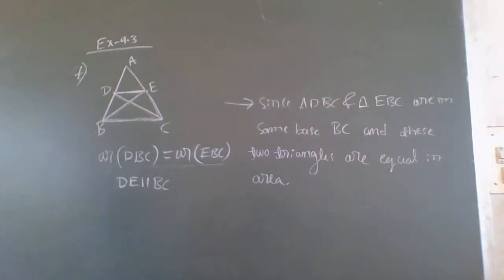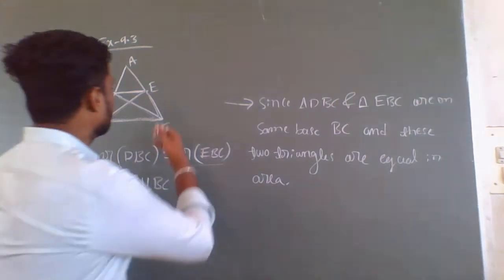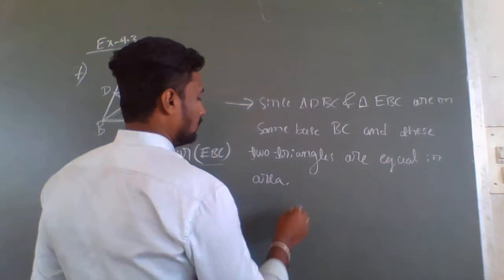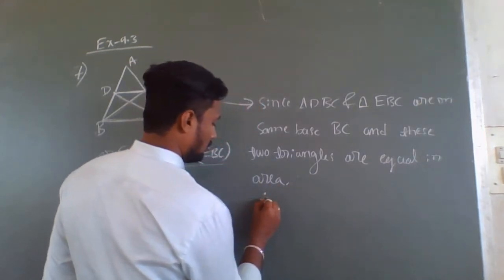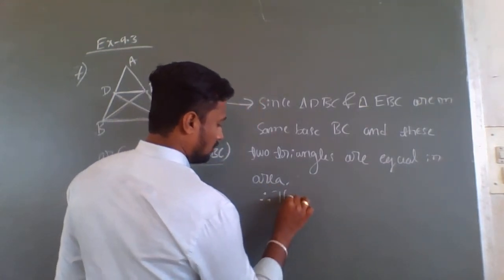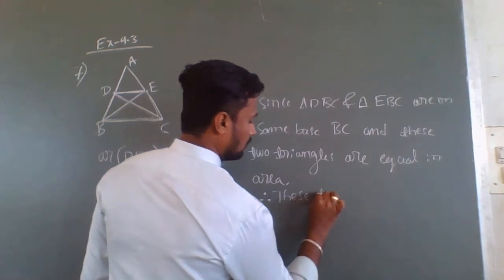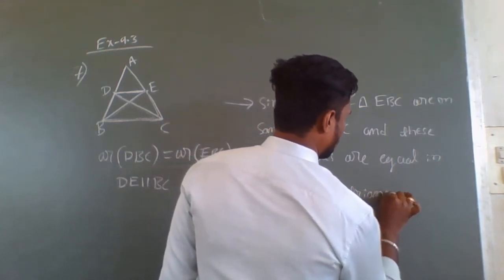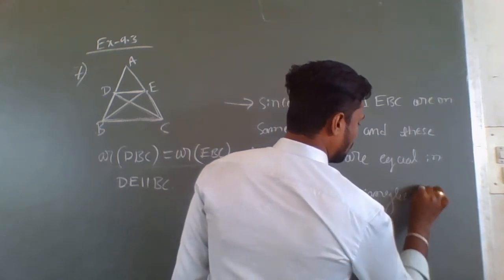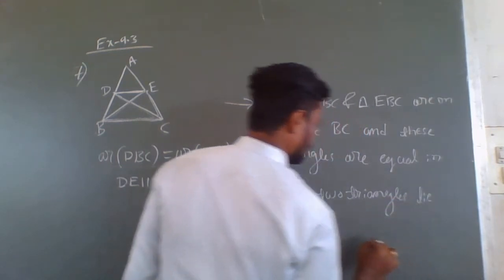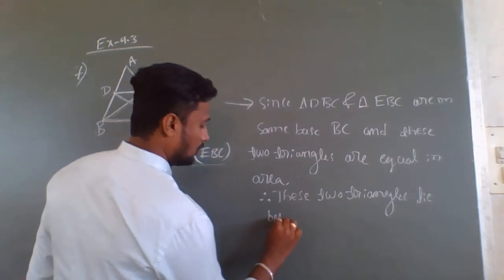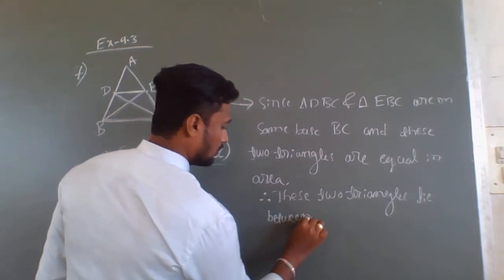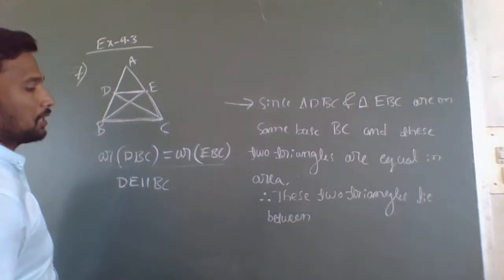Therefore, what you can write here? Therefore, these two triangles lie between same parallel lines.